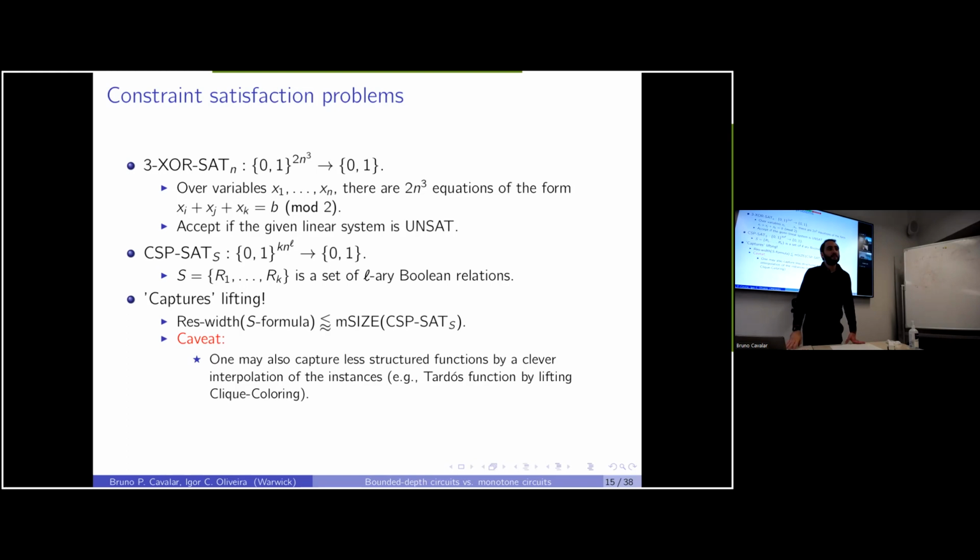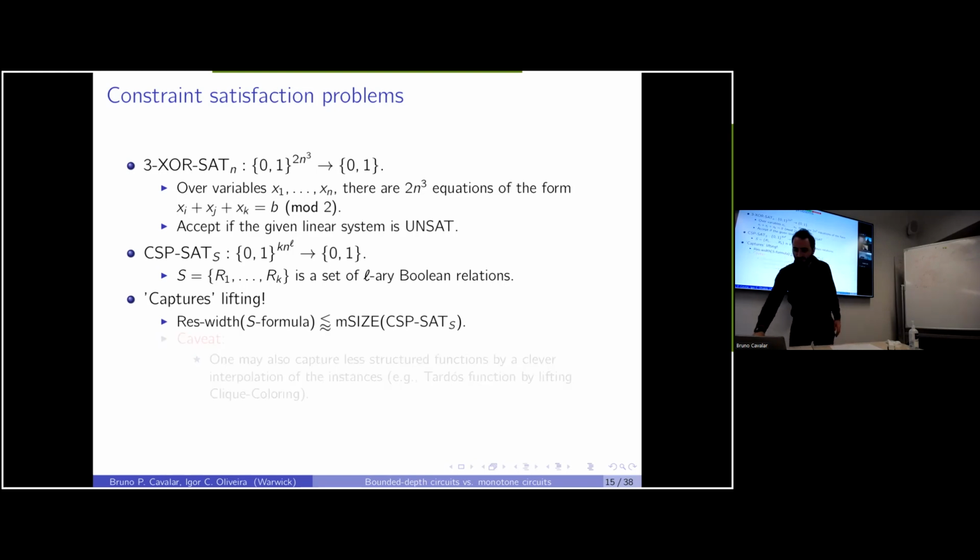Can you explain that line above? What is the S formula? Sorry. Yeah. So what's happening here is the following. You take one specific formula, which can be written as an application of constraints from the relations in S. Let's say that S formula is the pigeonhole principle. Okay.